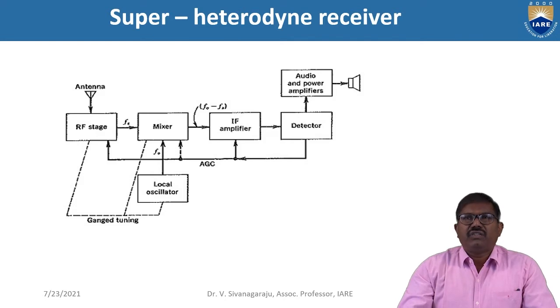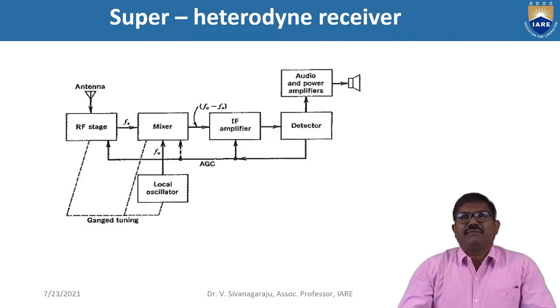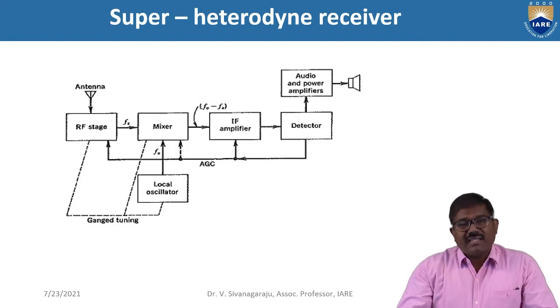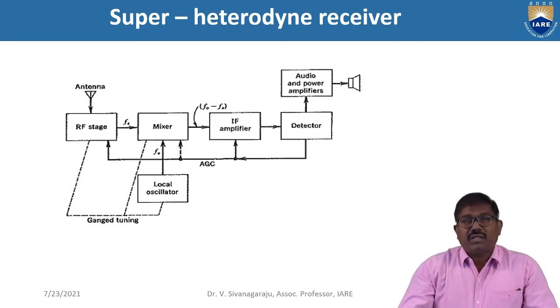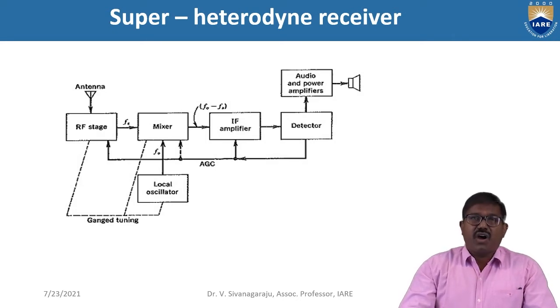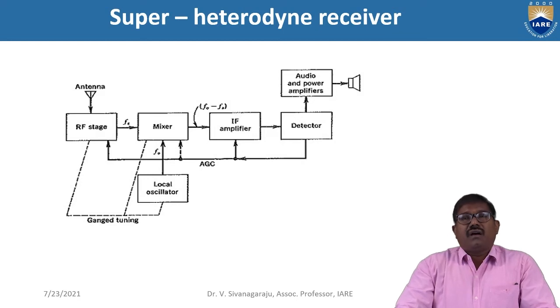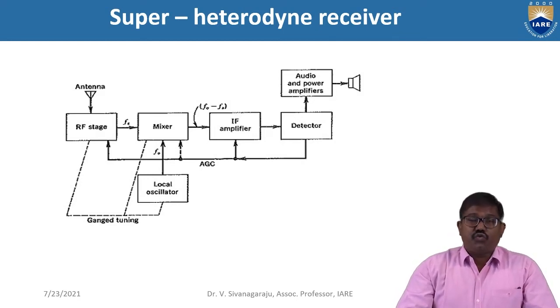So this is our super heterodyne receiver. Here we can see we have an antenna, similar to what the TRF has, and another block is the RF stage, and another one having the mixer and IF amplifier. Actually, these two give the superior quality to the super heterodyne receiver.